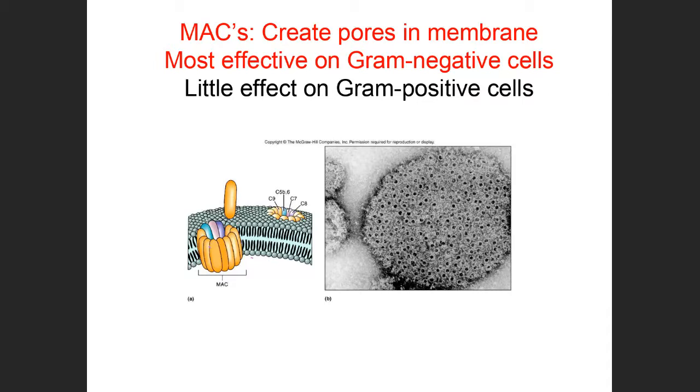It is important to know that these proteins insert themselves into a cell wall that has the same component as cell membranes. So notice that this is a phospholipid cell wall. And this is what the cell would look like under the microscope, with all the little pores created by the complement proteins.